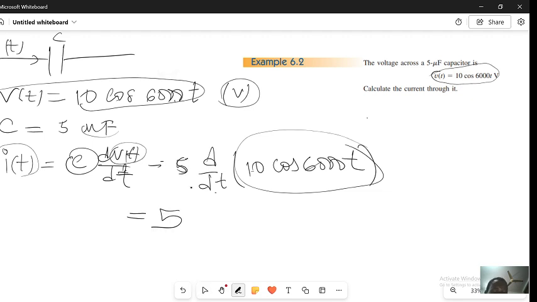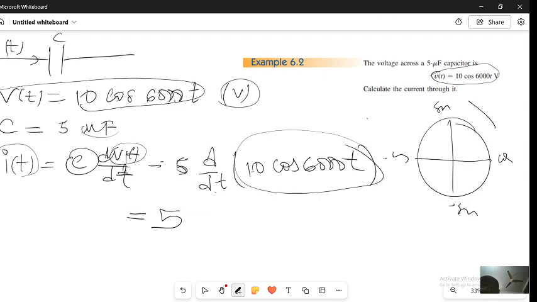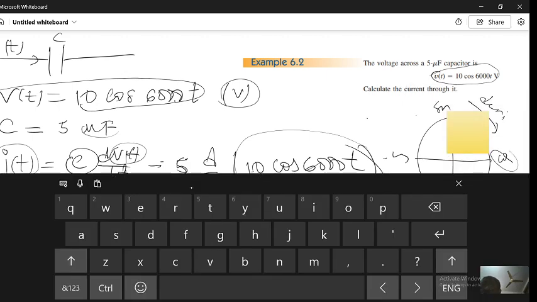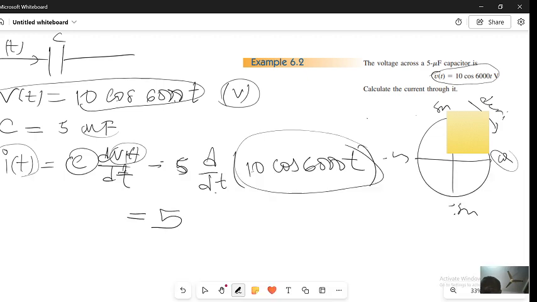What's the derivative of this one? The derivative sense goes cos, minus sine, minus cos, and so on. That means the derivative of cos is going to be minus sine. The derivative of minus sine is going to be minus cos, and so on. So the derivative of cos is minus sine.